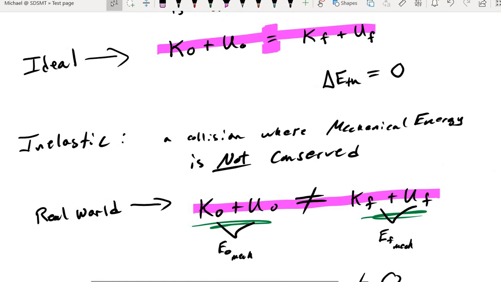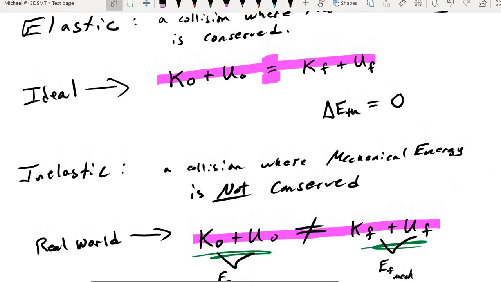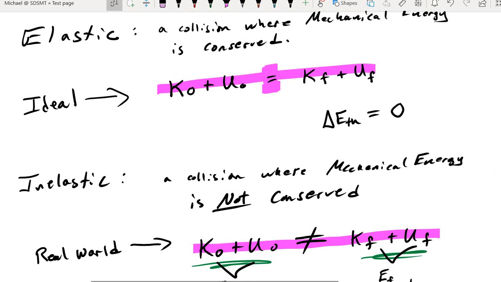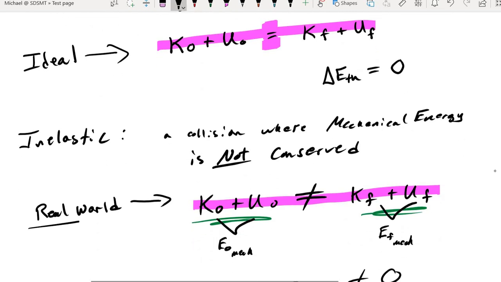So what this pair of definitions is telling us is that we now have a way of testing to see if a given collision is in fact elastic or inelastic. And like we said, anything in the real world is most likely going to be an inelastic collision. There's going to be some loss of mechanical energy. But that is now something that we can compare.